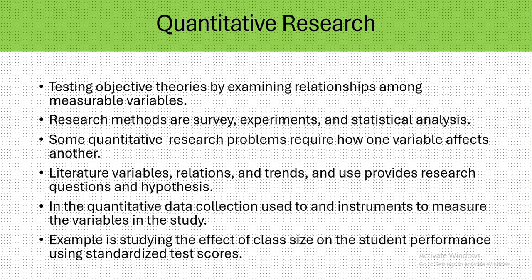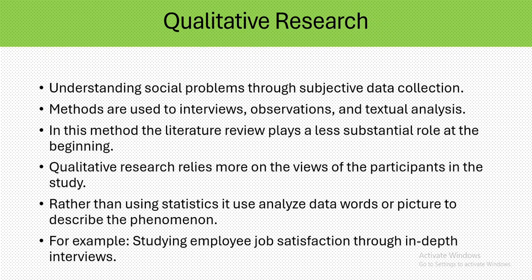In quantitative data collection, instruments are used to measure the variables in the study. An example is studying the effects of class size on students' performance using standardized test scores.